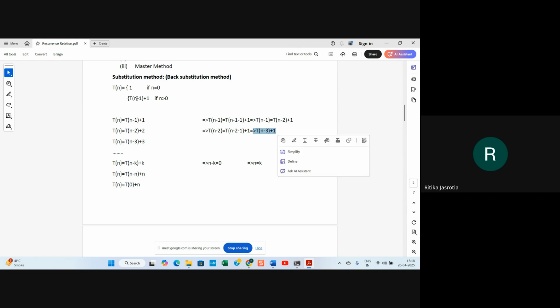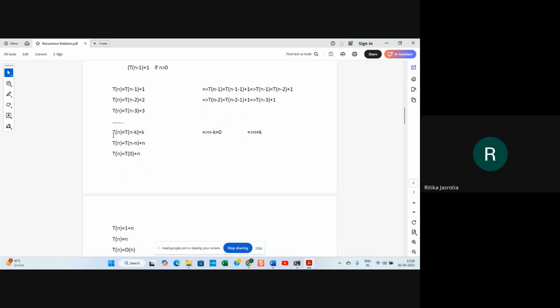That means whatever the value is here, we are getting the same result everywhere. So here we are taking Tn is equal to Tn minus k plus k, where n minus k is equal to 0. So we are saying that n and k are equal. We are taking k as an arbitrary value. If n and k are equal, that means n minus k will be equal to 0.